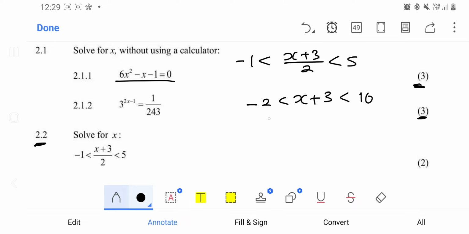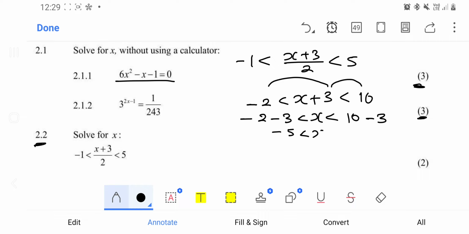And then now we move 3 from the middle to the right hand side and to the left hand side as well. So we're going to get -2 minus 3 less than x less than 10 minus 3. So we get -5 less than x less than 7.